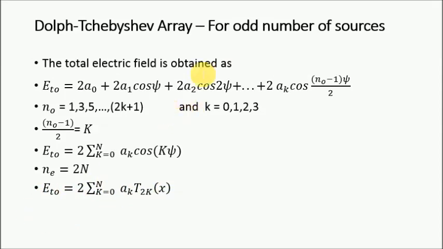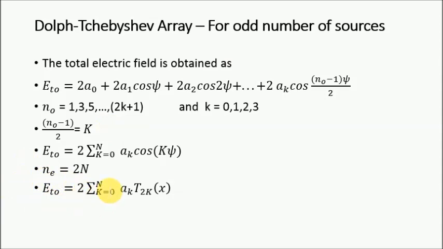Now you can see here, if an odd number of sources are there, we know that it is a multiple of integer values. Again we have 2k plus 1, and if you rearrange this, n0 minus 1 means 2k divided by 2 means k, and it is a multiple of k.